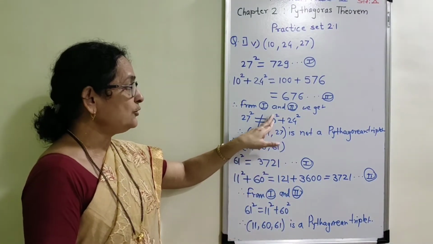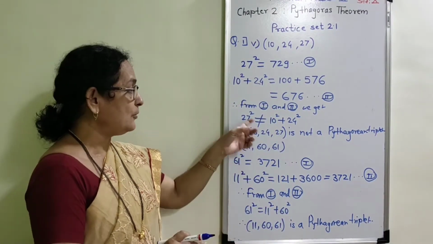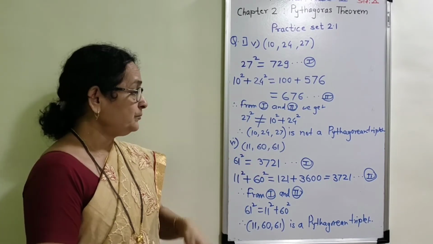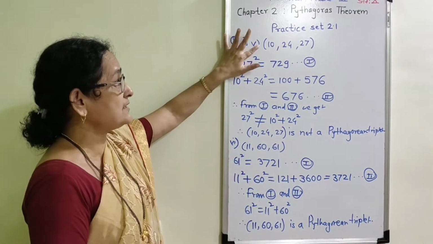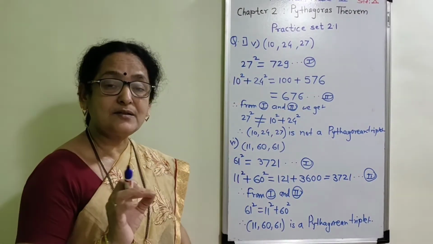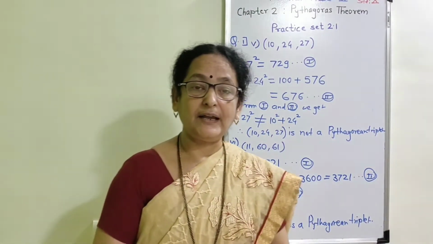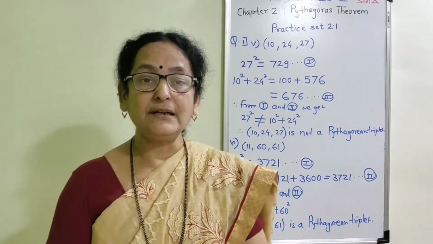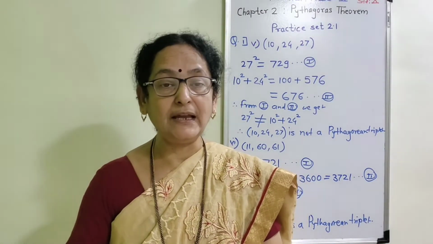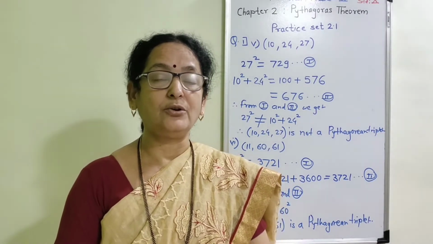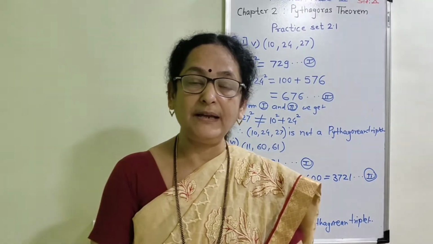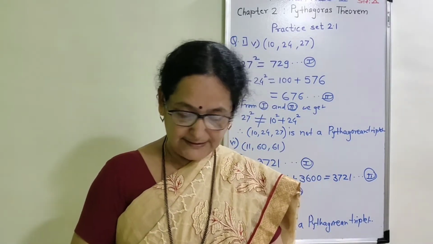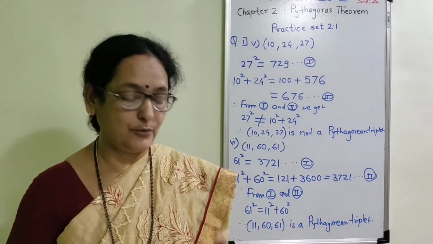At that time mention this step very carefully, that with the help of the converse of Pythagoras theorem we can determine that the given sides are of a right angle triangle. Now we are going to take the second example, which is very important.